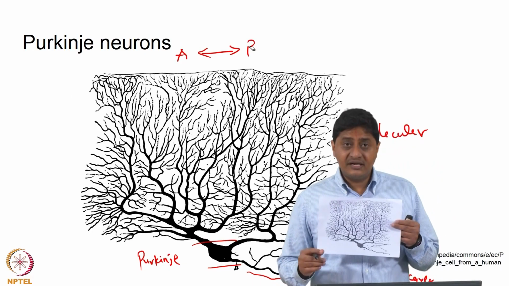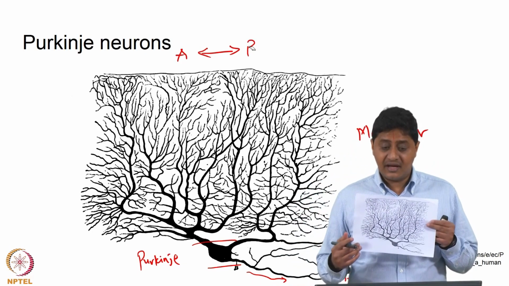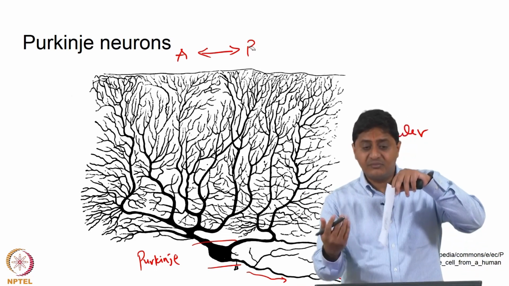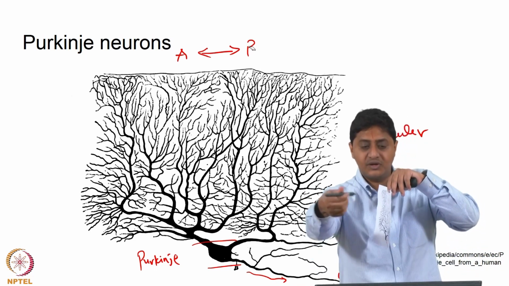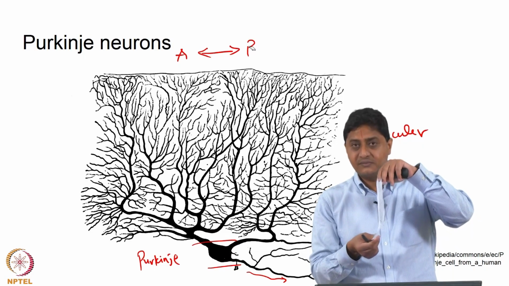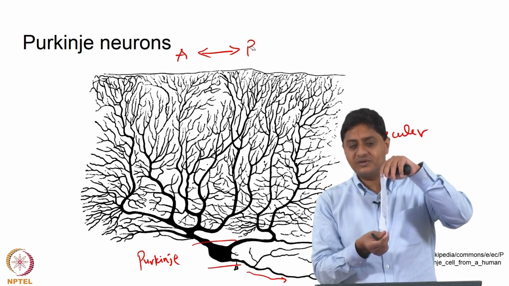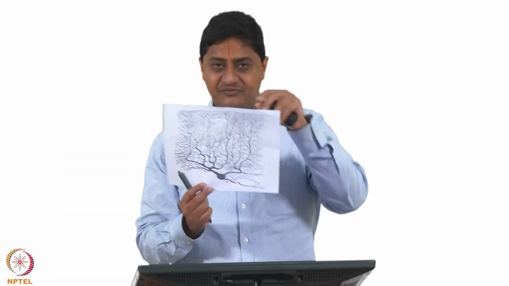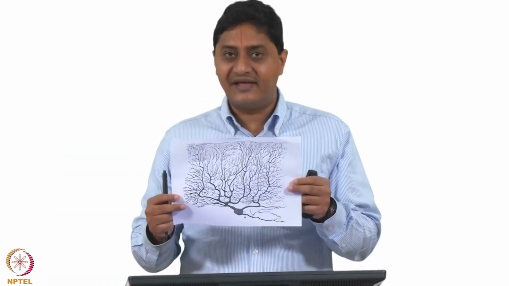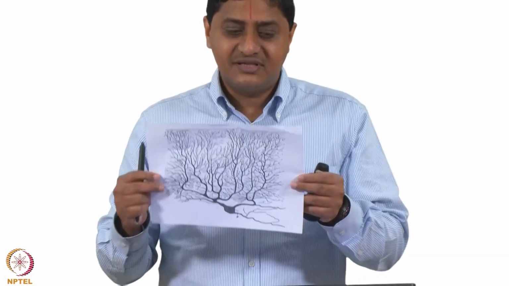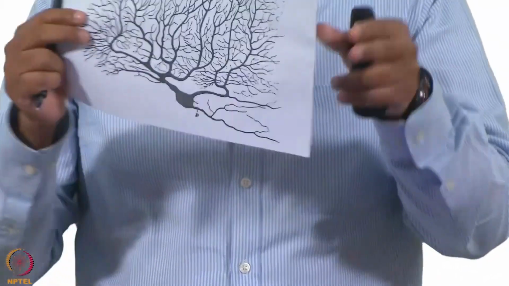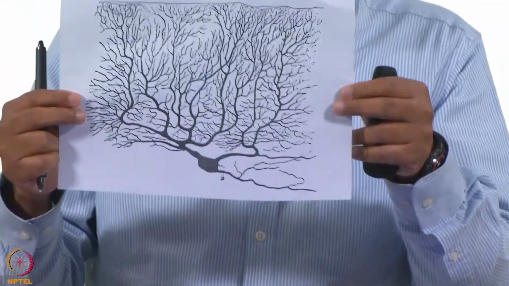But when you are looking at it from the mediolateral direction, it appears to you as if it is very thin. For example, paper is actually a 3D object, except that its thickness is much smaller when compared with its length and breadth.